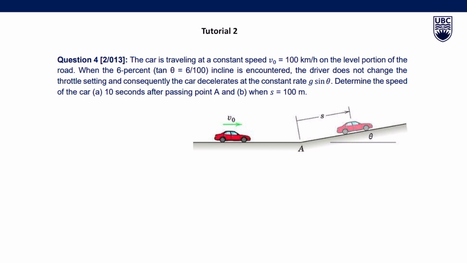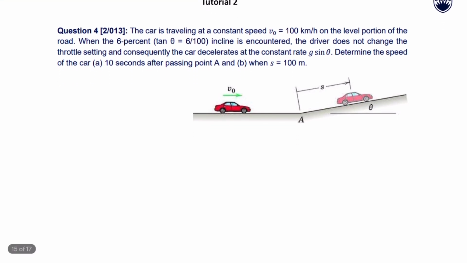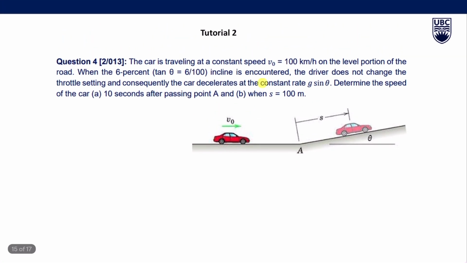This question is a constant acceleration question. Why? Because here it says the car decelerates at the constant rate g sine theta, right? So it's a constant acceleration question, which means we can use one of those three equations that we have.